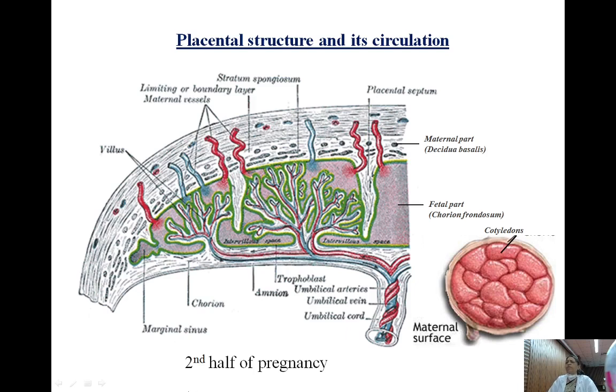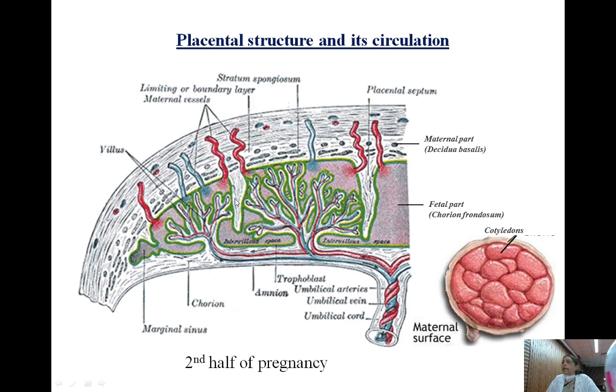By about the 5th month, or the second half of pregnancy, the decidua basalis starts to send septa in between the villi.